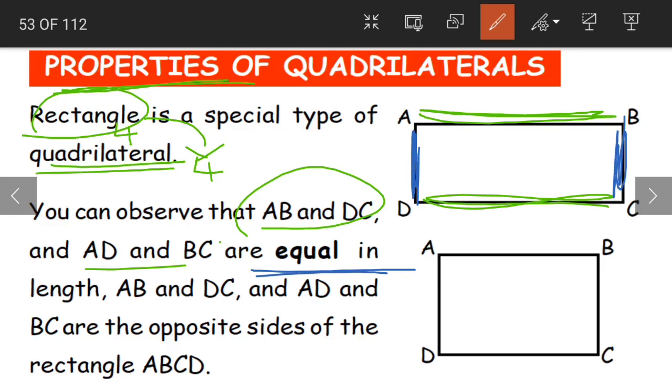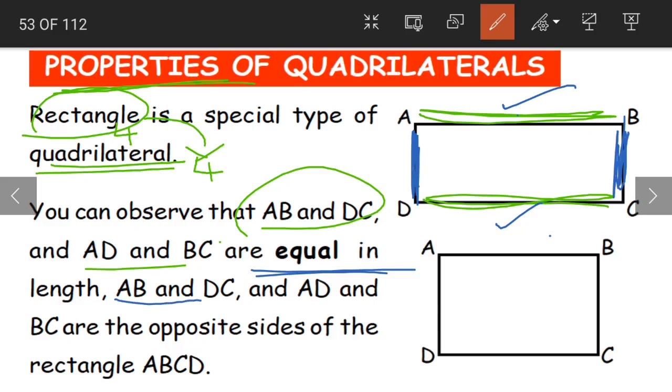In a rectangle, we can find that the opposite sides are always equal. So what are the opposite sides here? We have AD and BC, and then we have AB and DC. So for this rectangle, which is a special type of quadrilateral, the opposite sides are equal.